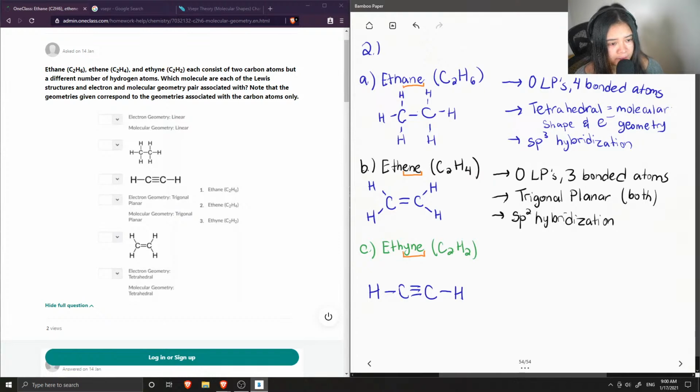So if we analyze the Lewis structure, there are still 0 lone pairs for carbon, and this time there are only 2 bonded atoms.